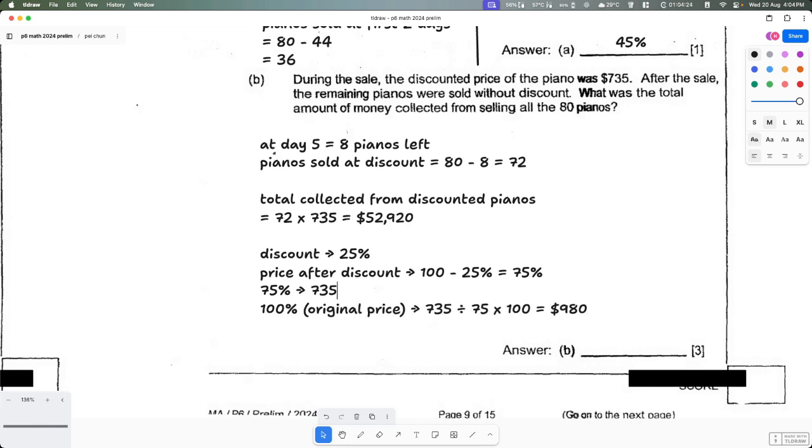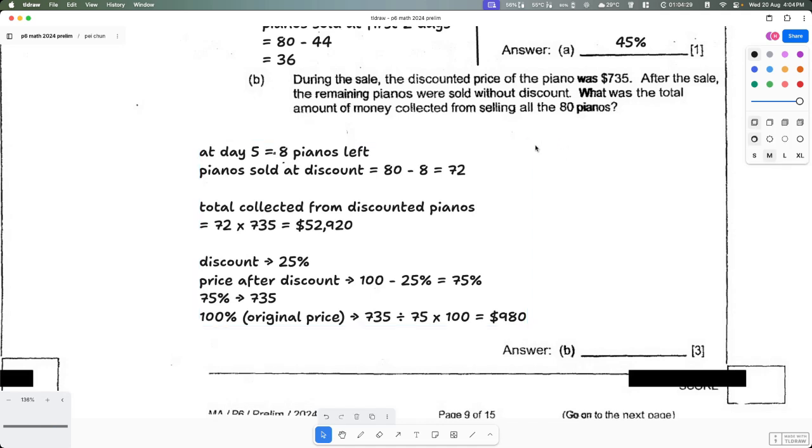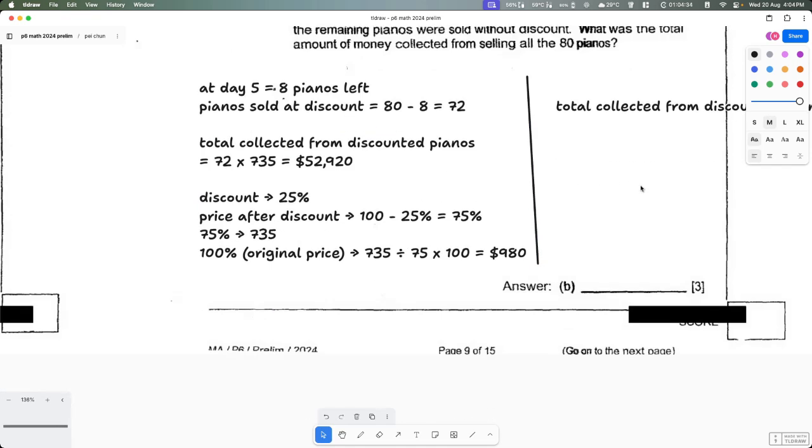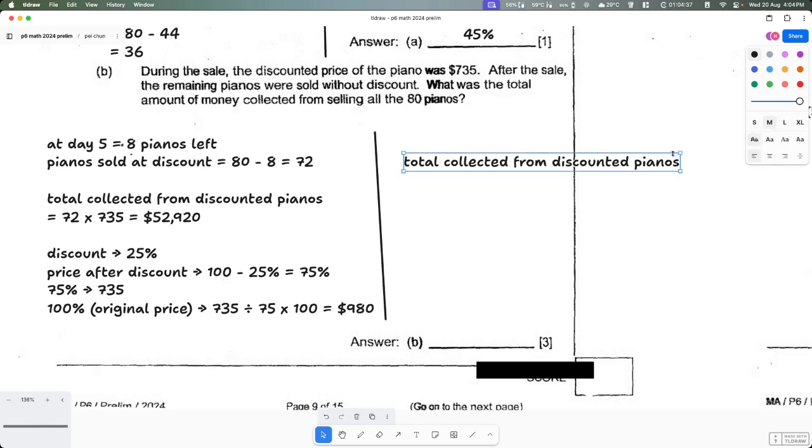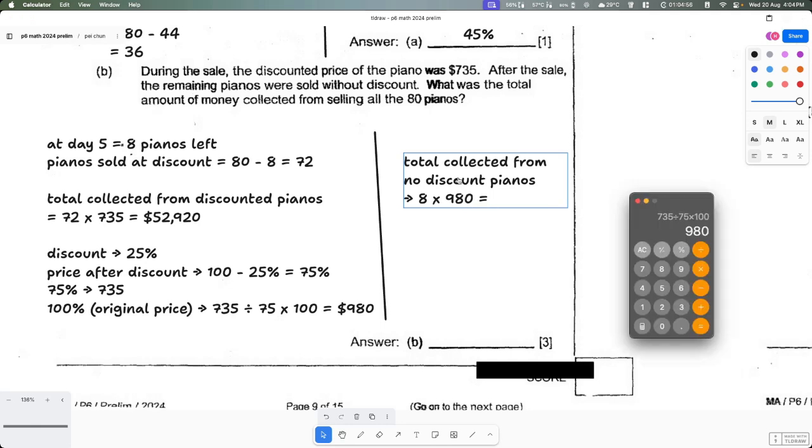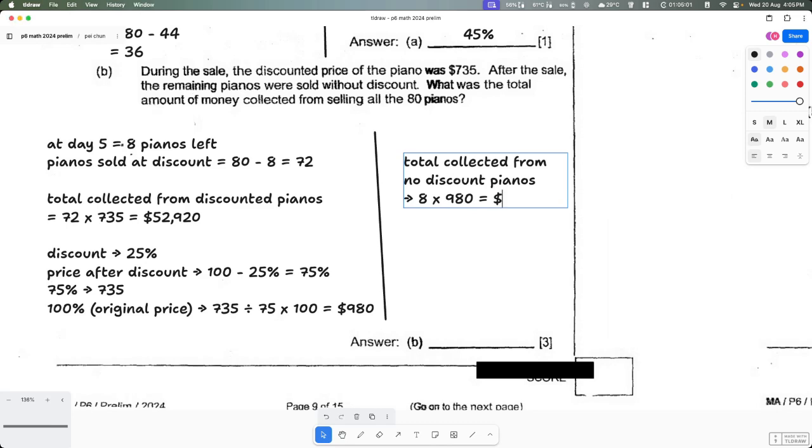So total collected. Let me just draw another line. Total collected from no discount pianos is basically 8 times 980, which is equal to $7,840.